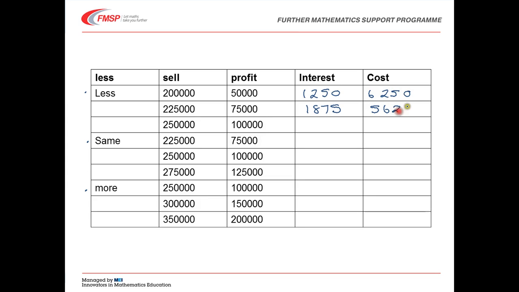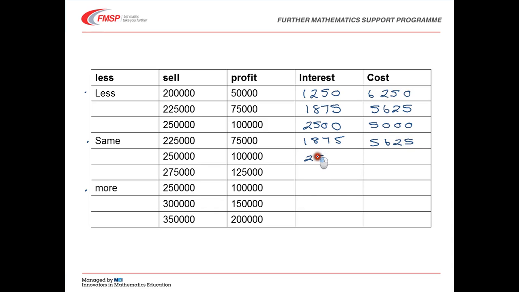Some of these calculations you'll have already done, so don't forget to use things that you've done in previous parts of the question. There's our 225 again, so that's still going to be 1875, 5625.